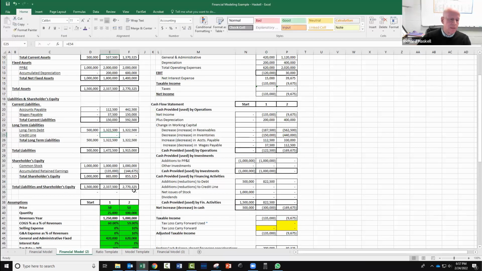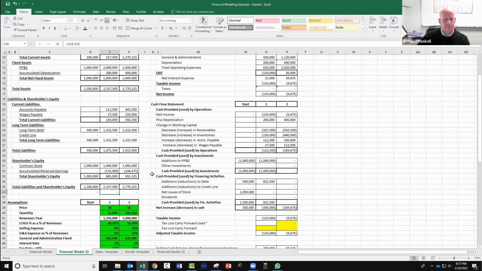So I'm clean now. I still show that I'm balanced, but let me make sure that everything's picking up properly. So I've got the right structure for total long-term liabilities. I still have the right structure for total liabilities, and for total liabilities and shareholder equity.